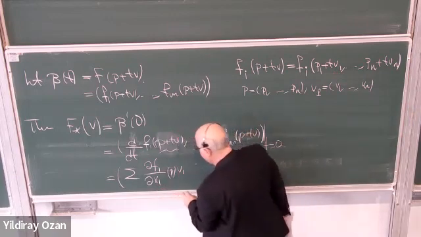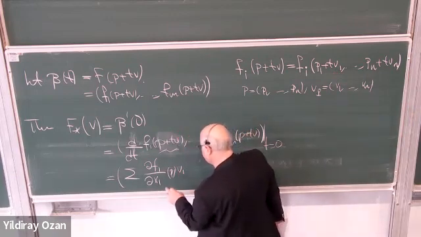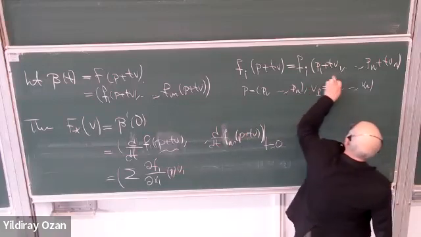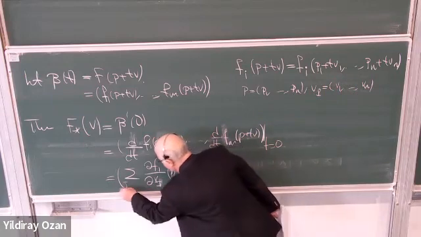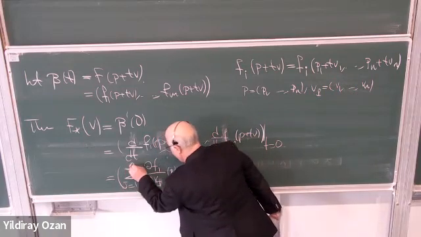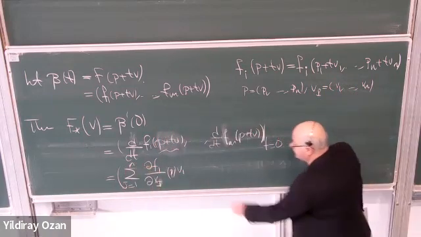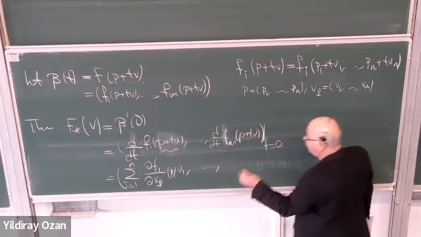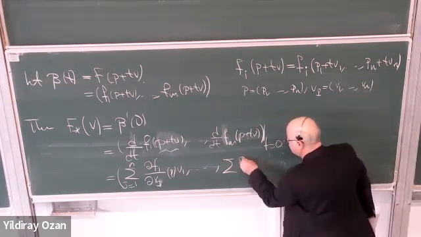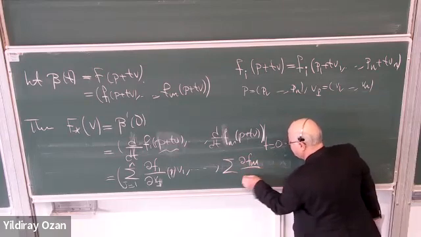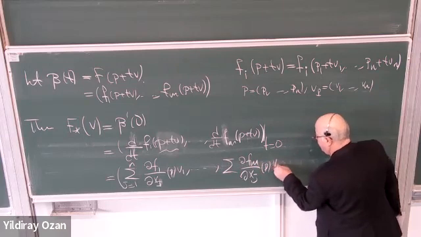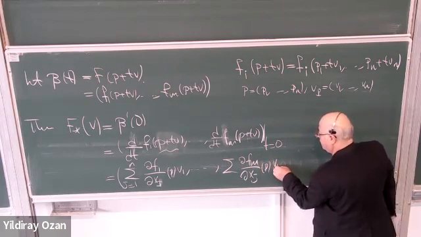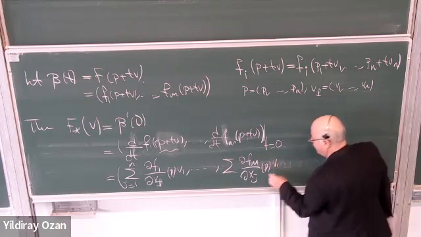Here, summation, of course. Well, I have to do this for each variable, so I have to take the summation from 1 up to n. And this will be done for each component. So f_m, del x_j at the point p, times v_j.